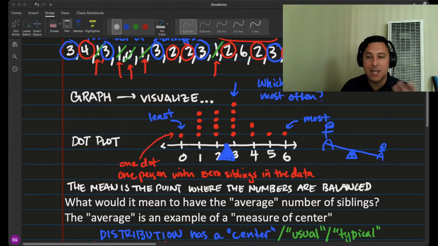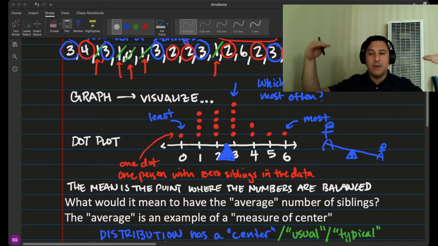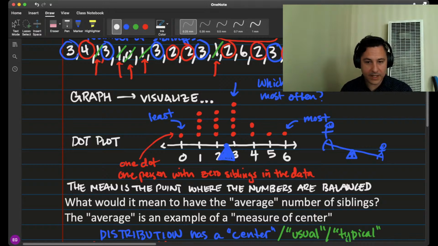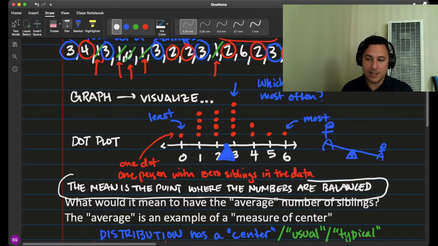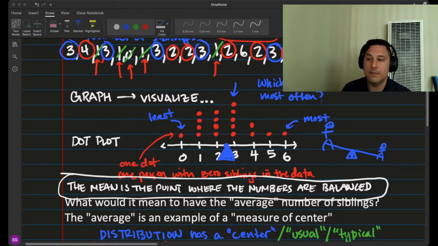Like if each of those dots weighed 1 pound and that's where you put them on the seesaw, the mean is where you would put the little place where it levers so that it would be perfectly balanced. The mean is the point where the numbers are balanced if you thought of this as a seesaw. And that's actually why we like the mean, because it tells you where the balance point is, which is sort of useful sometimes.